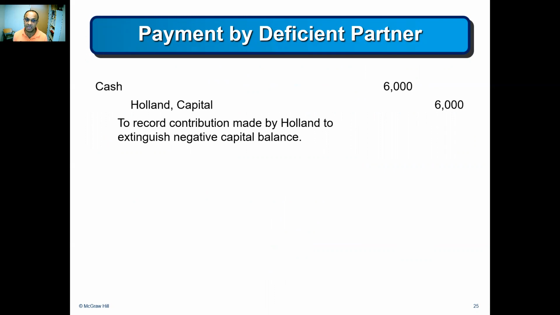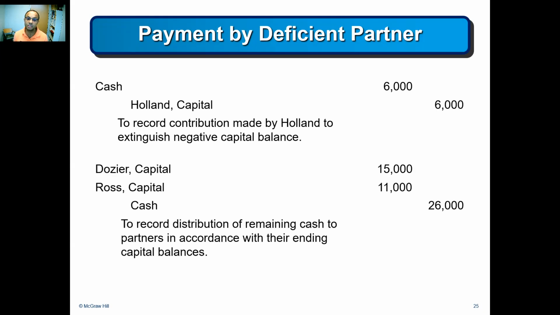So for the payment by the deficient partner, which is Holland, Holland will pay cash of 6,000, and consequently his capital balance will be increased by 6,000 to offset the negative balance, and then his capital will be zero. Then the remaining cash, which means 20,000 from the beginning, plus the 6,000 that has been paid by Holland, will cover up the capital balances of Dozier and Ross. So this is one situation.